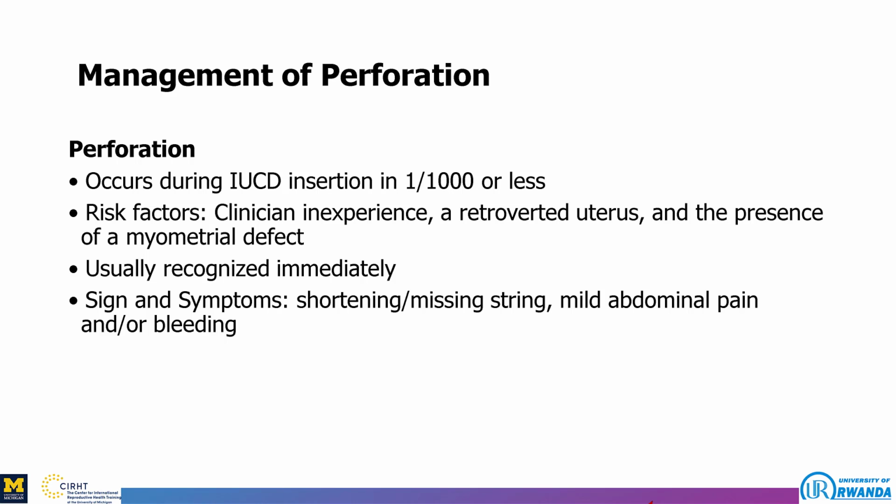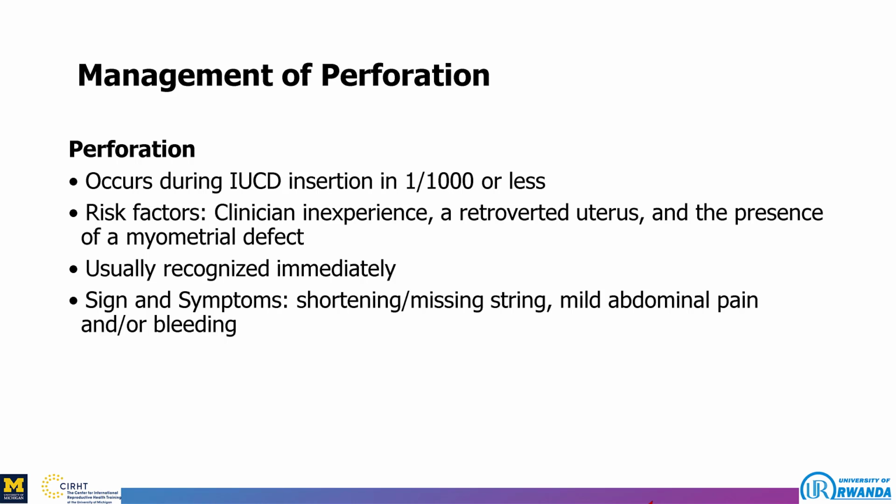Let's see, in the management of perforation, for example, remember I said that another complication may be perforation of the uterus. If there is perforation of the uterus, normally it occurs during intrauterine contraceptive insertion in 1 in 1,000 or less. Usually it may happen due to the poor skill of the healthcare provider.